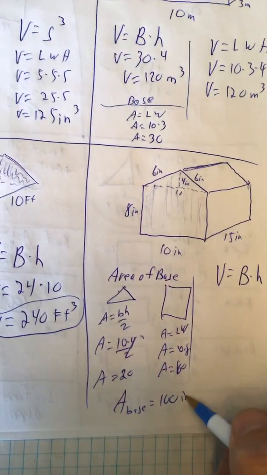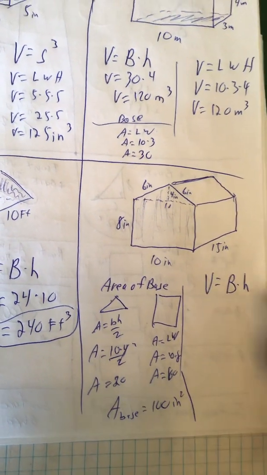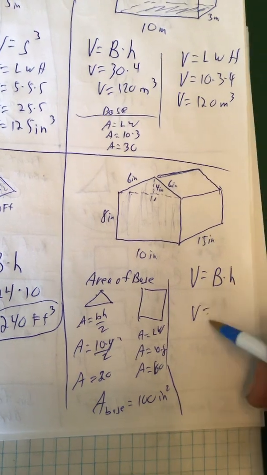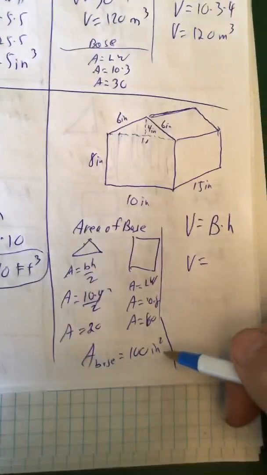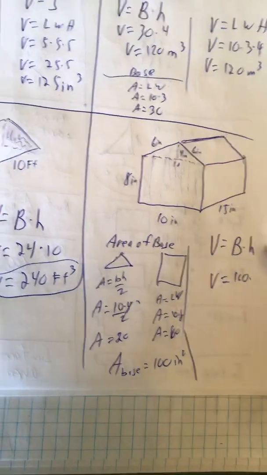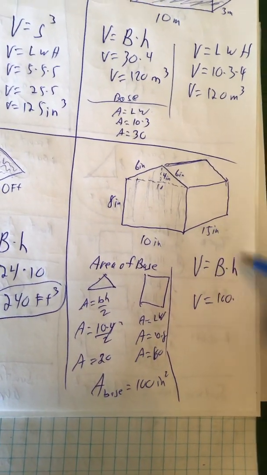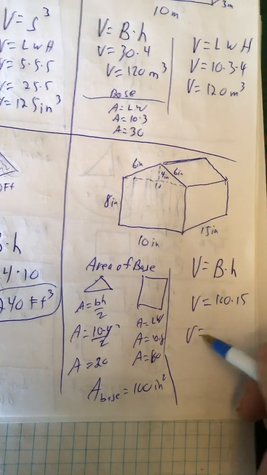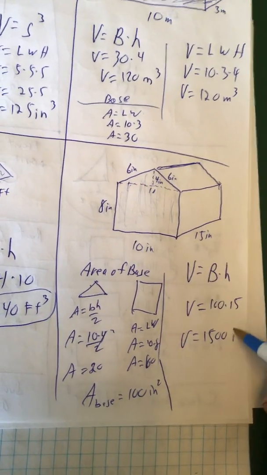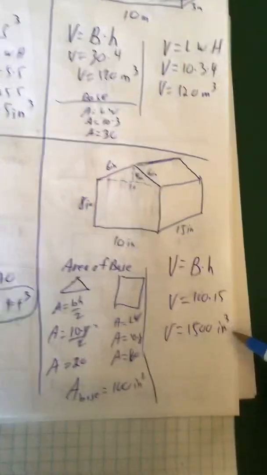That's going to be 100 inches squared. So volume is area of the base times height. So if the area of the base is 100, and the height is always the distance between the two bases, which is 15. And that's just going to be 1,500 inches cubed.